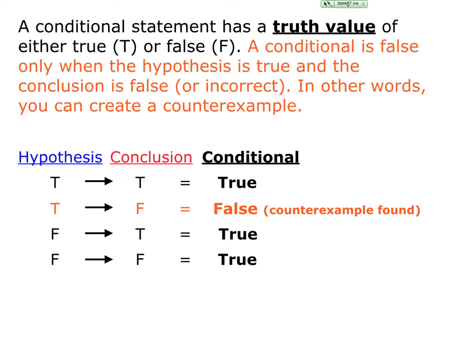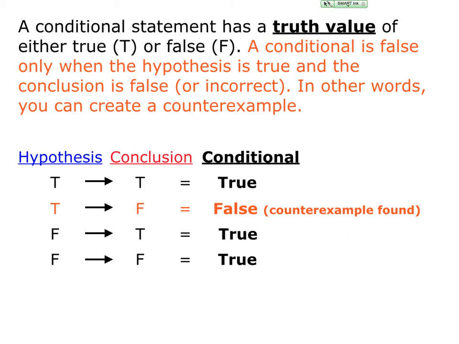So these other combinations all would have to be considered true because you can't make a counterexample. The first one's gonna be simple for you. If you have something that fits the hypothesis, it fits the conclusion, that's gonna be a true conditional. Now, these bottom ones are gonna seem weird when we look at an example of them, and we don't do too many examples.